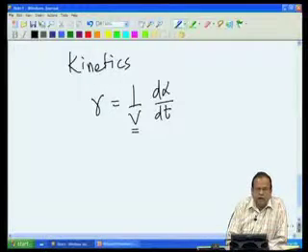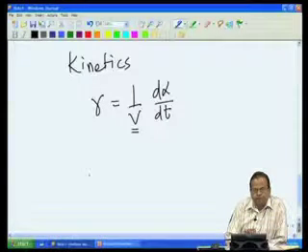Depending on whether the reaction is homogeneous or heterogeneous, we can have different normalizing factors such as the volume of the reacting mixture or the weight of the catalyst and so on.